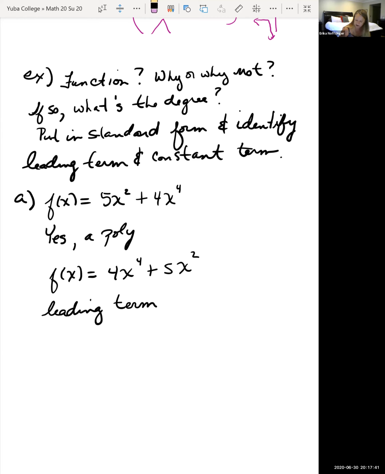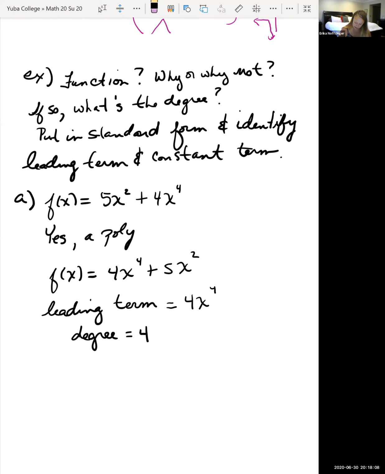Oops, I also forgot the degree. Well, the leading term is equal to 4x to the fourth. If I wanted to identify the degree, that's always the highest exponent of your polynomial. The highest exponent value is 4, so the degree is 4.